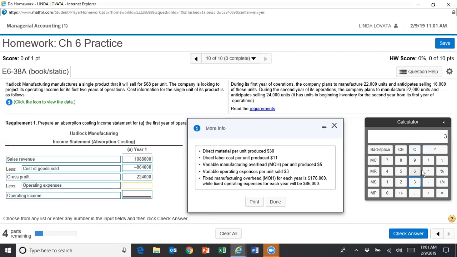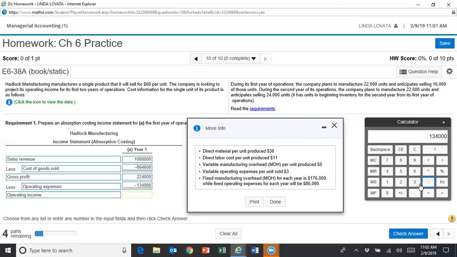So 3 times, and that's the operating expenses are based on what you sell because those are commissions in essence. So that's 16,000. And then I want to add in my fixed operating. And again, think about it, and you can save yourself some calculator time. Minus 134, 123. All right.